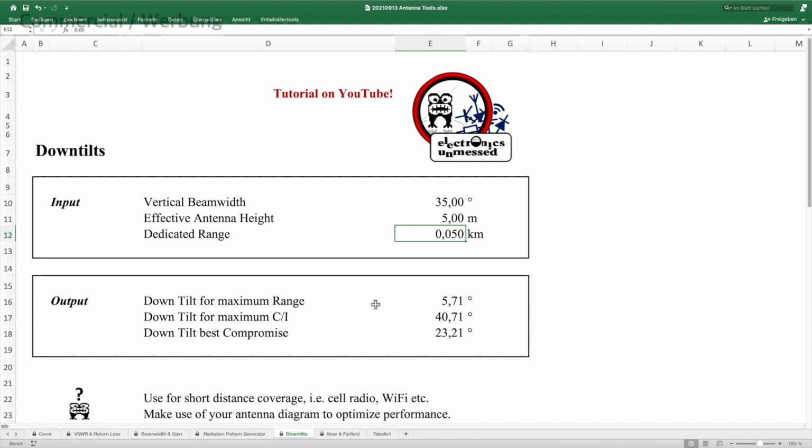The best signal to interference level for your router would be at 40.71 degrees down tilt. It depends now whether your range is limited by the received signal strength, which is the case in rural areas, or by the interference level from neighboring networks, which is typical for highly built-up areas.